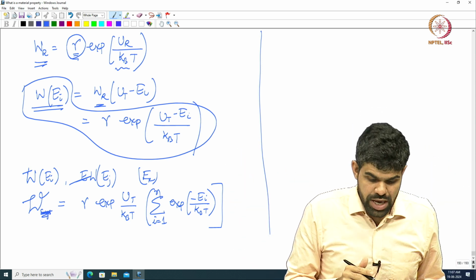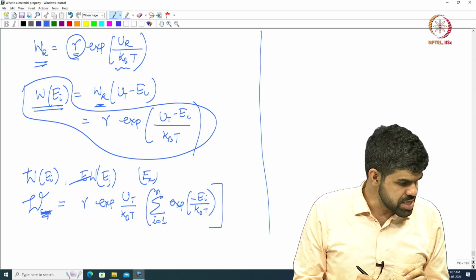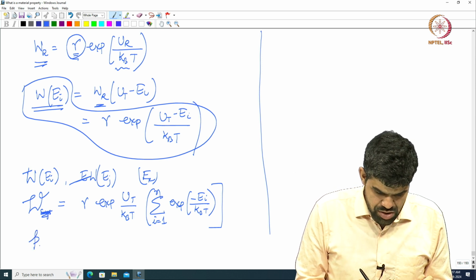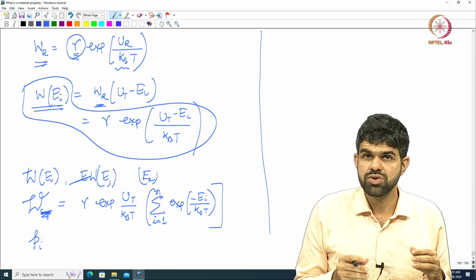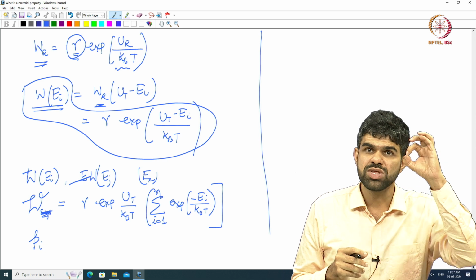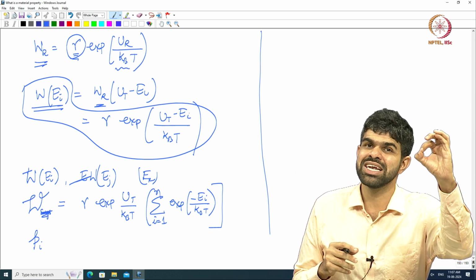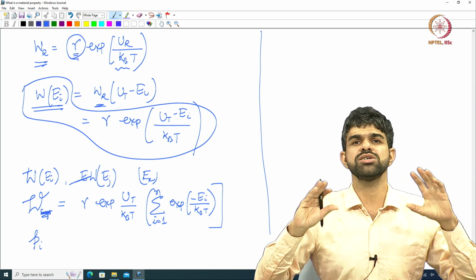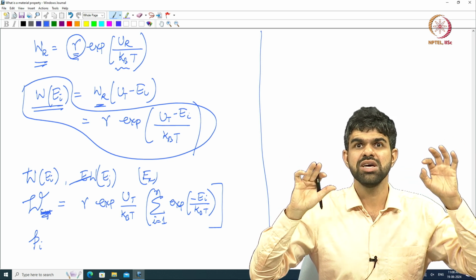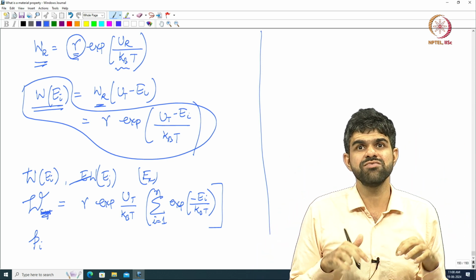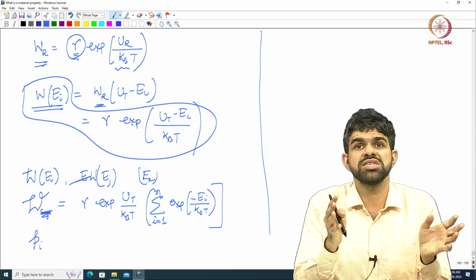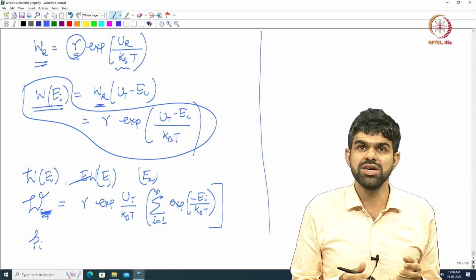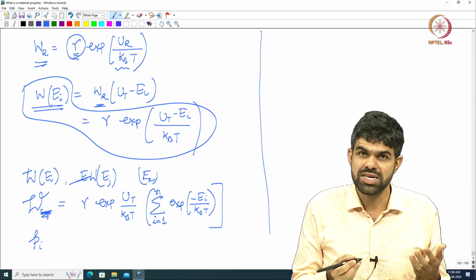So then what is the probability that my particle exists in an energy state EI? I think that will be easier to understand if we assume that I have a one particle system. So when I have a one particle system, what is the probability that this particle exists in an energy state EI? So that is given as the probability.